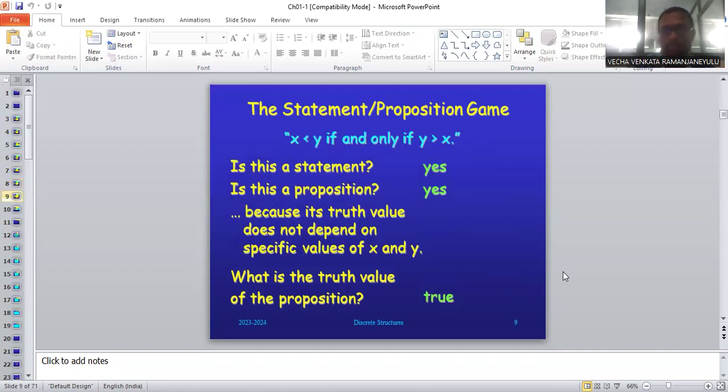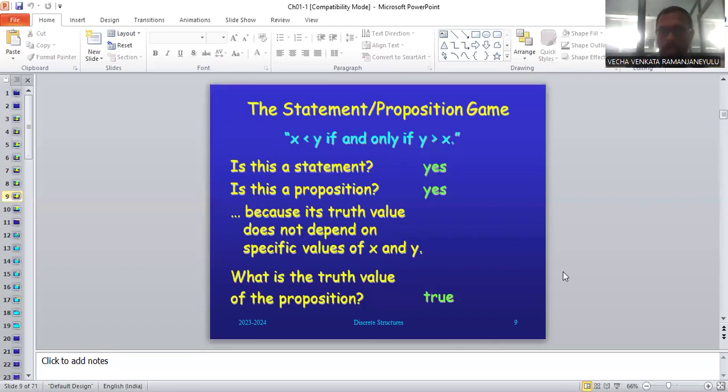Next: x less than y if and only if y greater than x. The statement is yes and the proposition is also yes, because its truth value does not depend on the specified values of x and y. Here the x and y values are not specified.